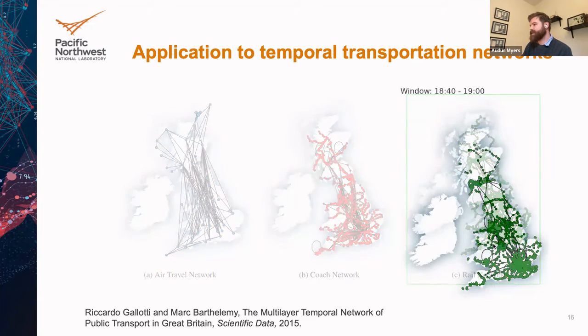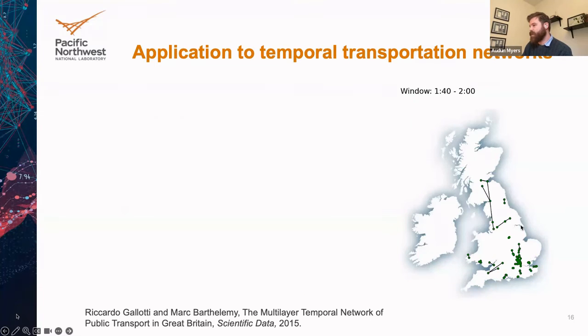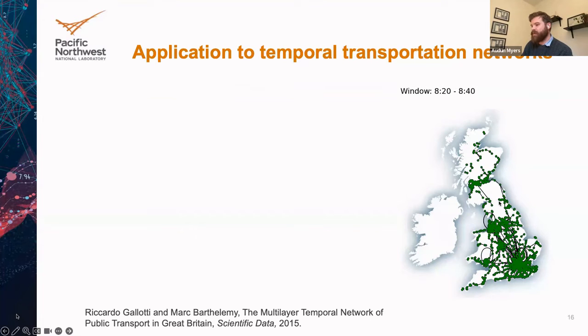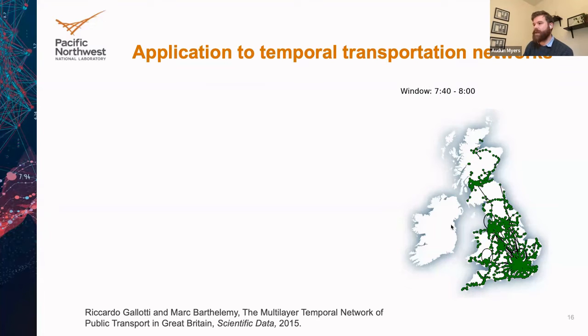So to visualize this, here's a GIF of how we constructed this network. Each node is a rail station, and each edge is only active when there is a train on that rail between those two stations. And so I want to know, are there any periodic behaviors between each day of the week? Is there a difference when I get to the weekend?